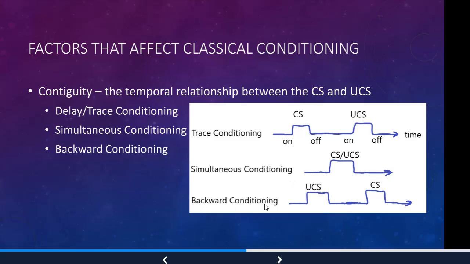Well, backward conditioning is when the UCS comes before the CS, and as you might imagine, there's no classical conditioning that really happens here either. So the reality is you need the conditioned stimulus to come before the UCS, at least by a second or some brief period of time before you'll have any sort of conditioning. In other words, the temporal relationship between these two stimuli is pretty important and affects classical conditioning.